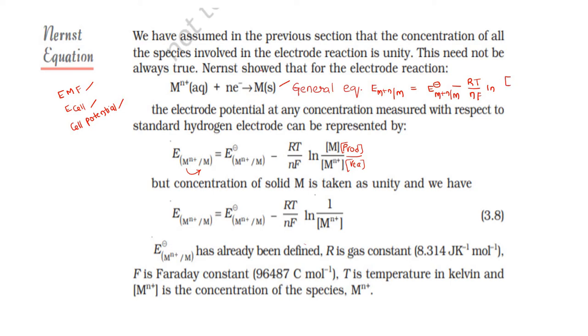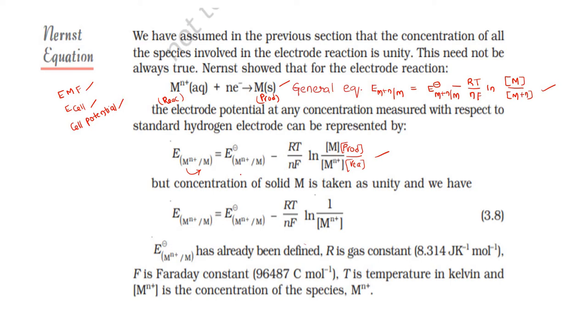Here product is what? This is the product, right? This one is the reactant. Now product concentration, capital M, by reactant concentration M^n+. In this way I have taken a Nernst equation.